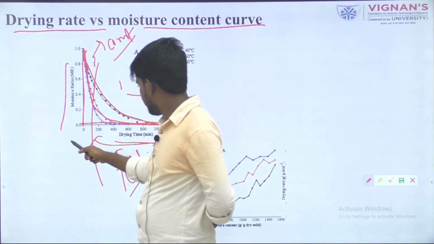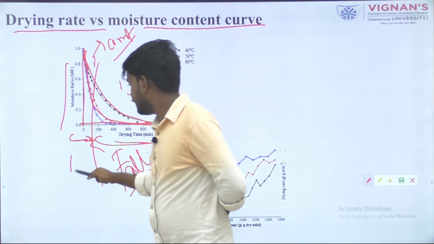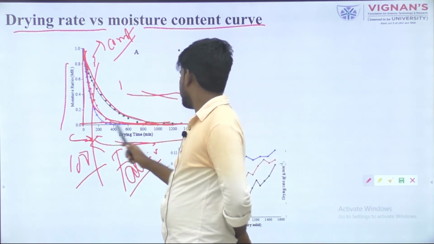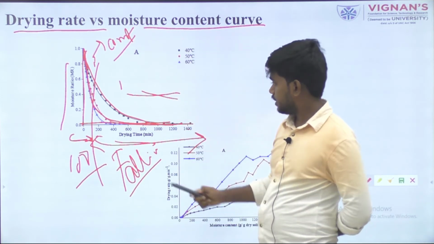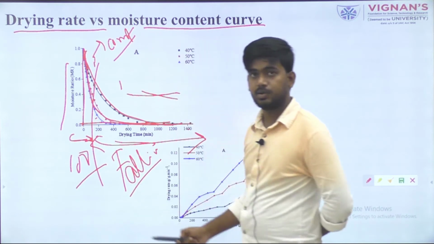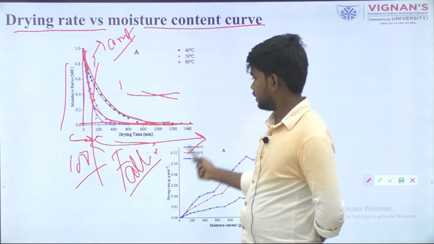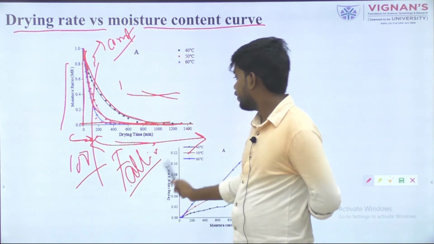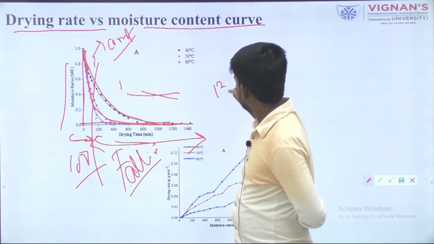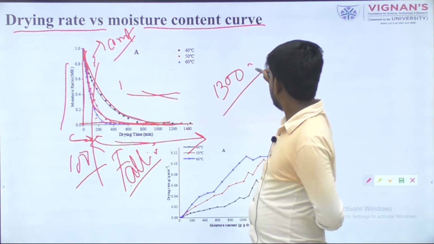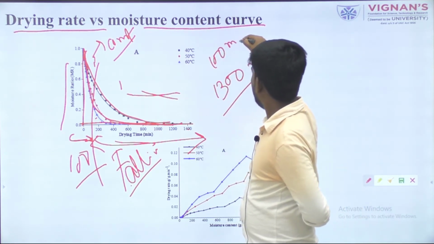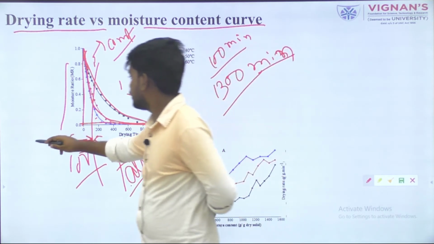Initially, assume 100 minutes is the constant rate period, and then from 100 to 1400 minutes is the falling rate period. Majority of the moisture will be removed in the falling rate period, and it takes much more time, while the constant rate period takes only 100 minutes in this graph.